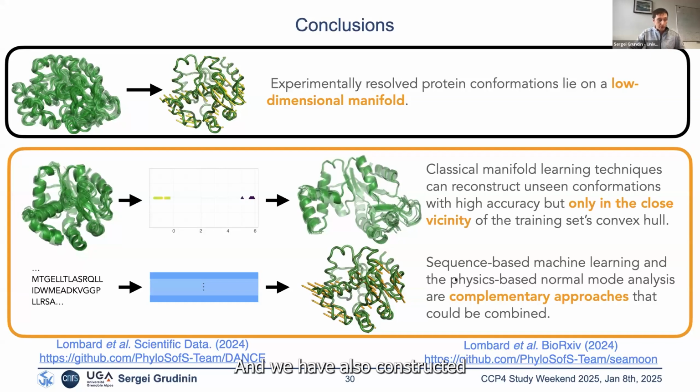And we have also constructed multiple models based on sequence-based embeddings and demonstrated that the sequence-based and the physics-based approaches are complementary and can predict structural heterogeneity observed in the Protein Data Bank. So thank you very much.